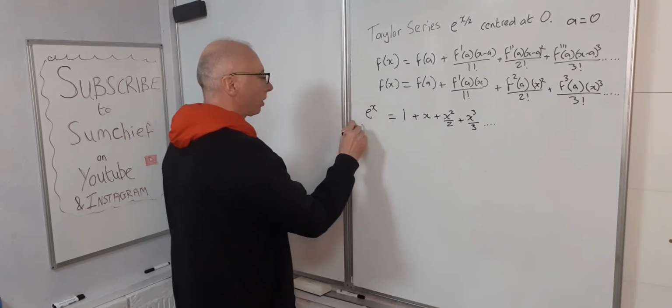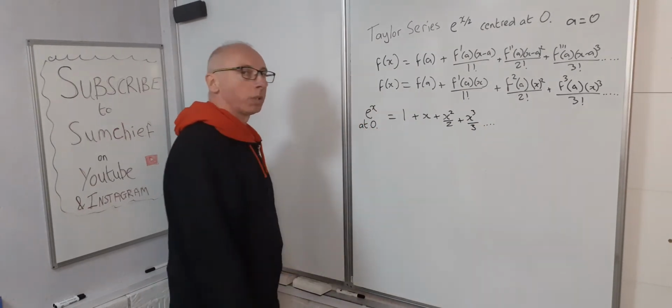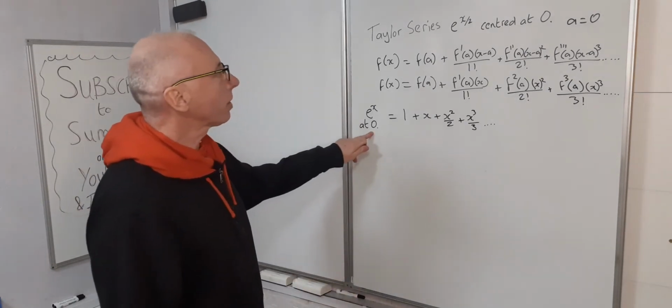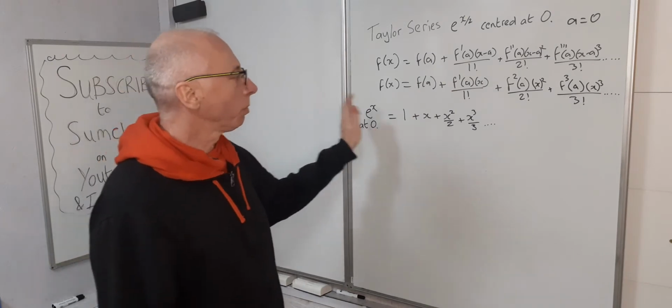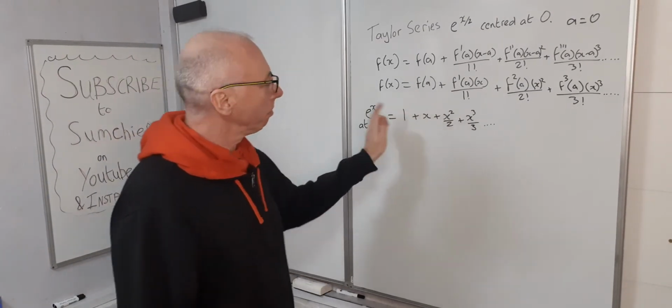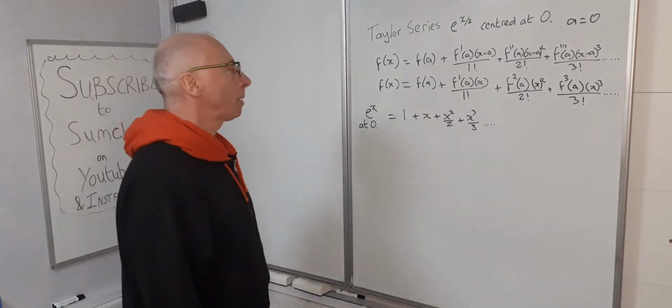And this is also centred at 0, which is very important, because ours is centred at 0. If this was centred at 1, it wouldn't be any use to us. We just have to mess around with it a little bit.